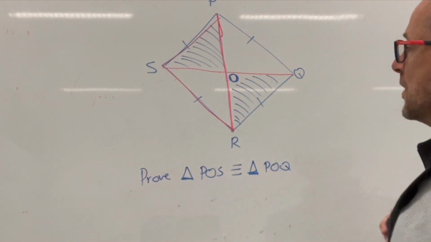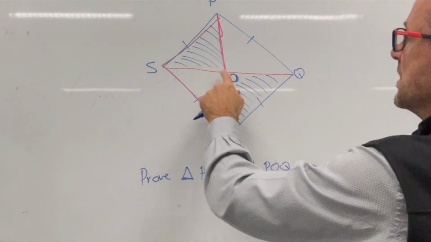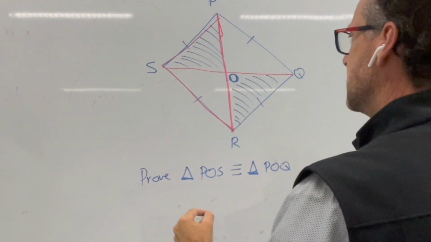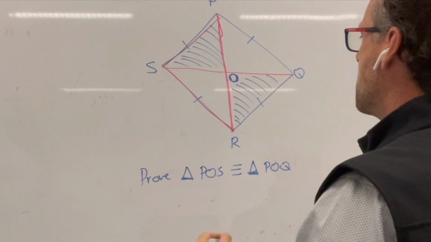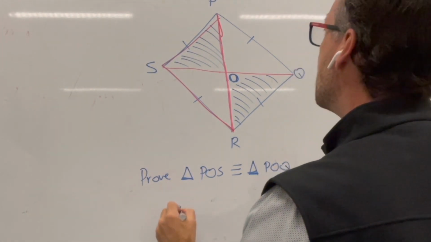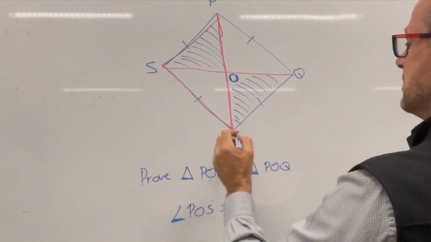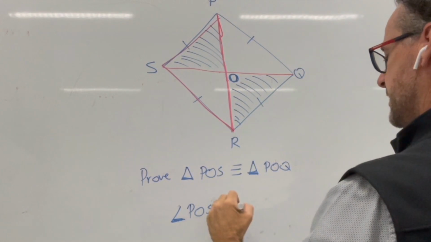Okay, what we can see here is that we have a vertically opposite angle here. So we have the angle POS, and it's equal to the angle here, QOR.